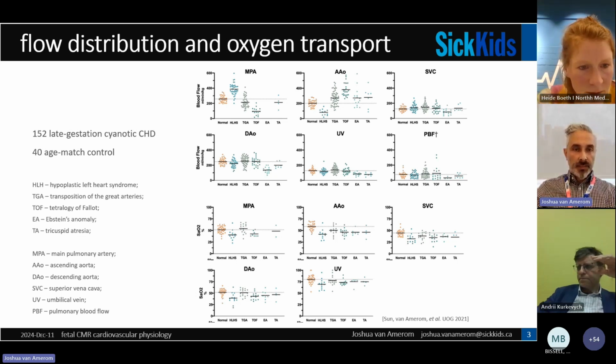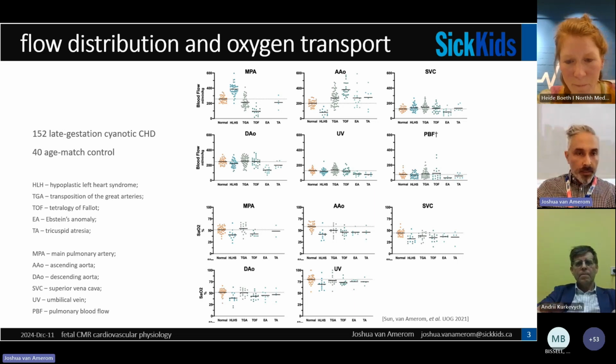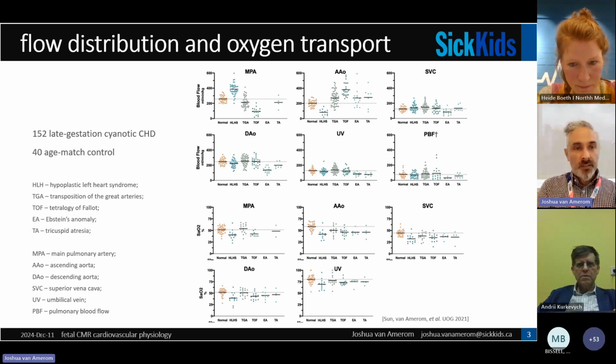In a variety of populations, but normal as well as hypoplastic left heart, transposition of great arteries, physiology of flow, Epstein's anomaly, and have I got that right? Tricuspid atresia. And so you can see that in hypoplastic left heart, all the flow is coming through the one side of the heart, and so on.